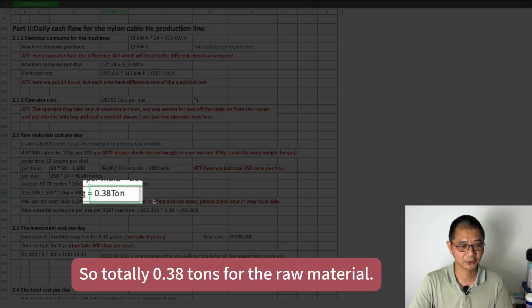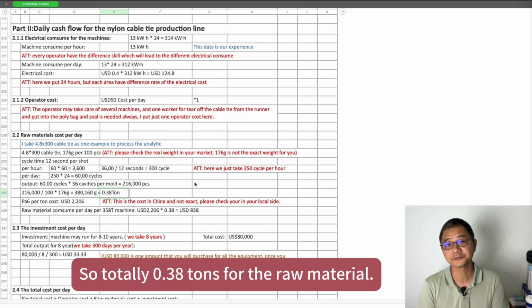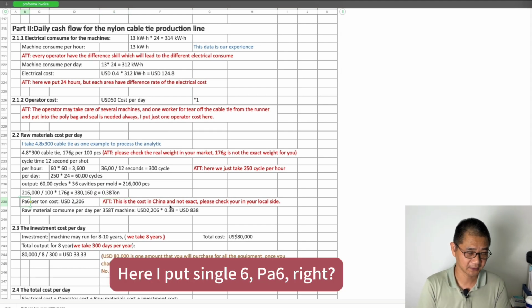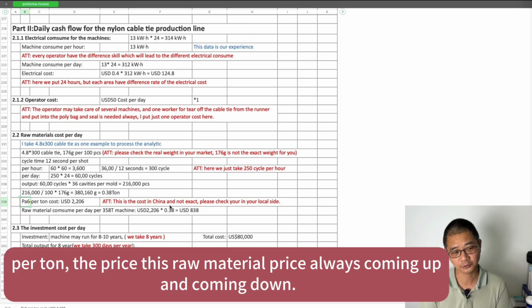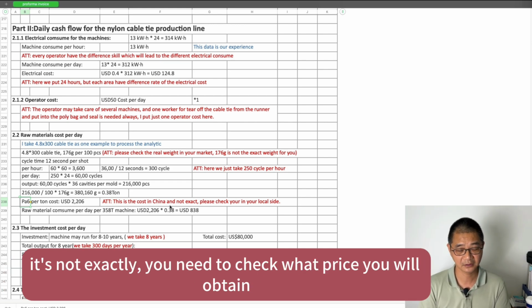So totally 0.38 tons for the raw material. Here I put PA single 6, right, per ton. The raw material price is always going up and down. It's not exact.